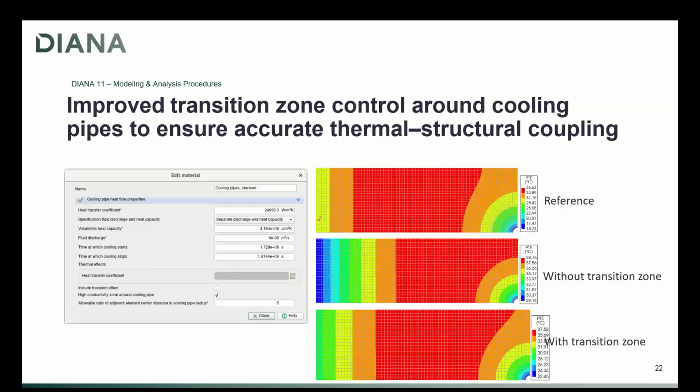In the next picture, just below, we simply used the cooling pipe as we always do, and we see the temperature profile is not really matching very well. And in the last one, when we give a high conductivity zone around its radius range, we see the temperature pattern is matching quite well with the reference.